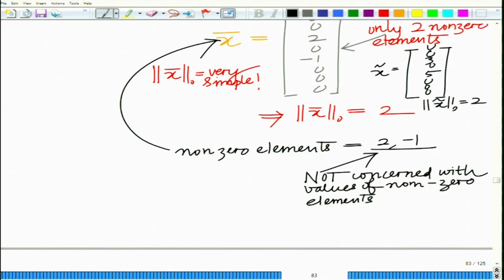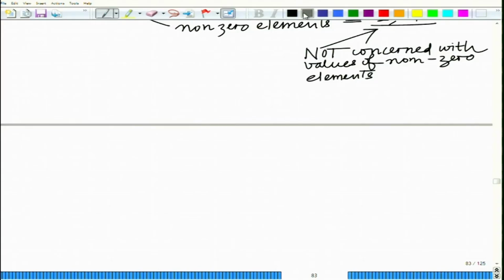The interesting part is we are not at all concerned with the values of these non-zero elements, only with their number. That is the most interesting thing about the L0 norm, and that is what makes this problem very complex.